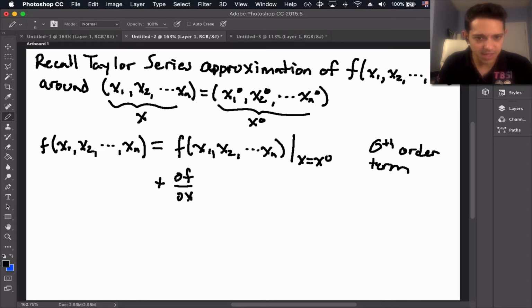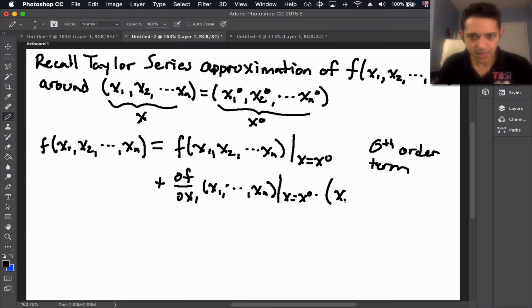The first order term in the Taylor series expansion is going to be partial f by partial x1, and then all the arguments here, evaluated at x equals x naught times x1 minus the point we're linearizing around, x1 naught. Okay? And then similarly, we'll do the same for x2. That is, I'll take the partial derivative of f with respect to x2.